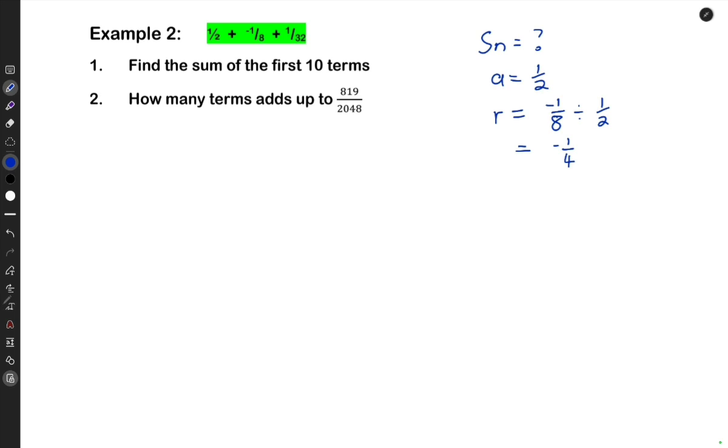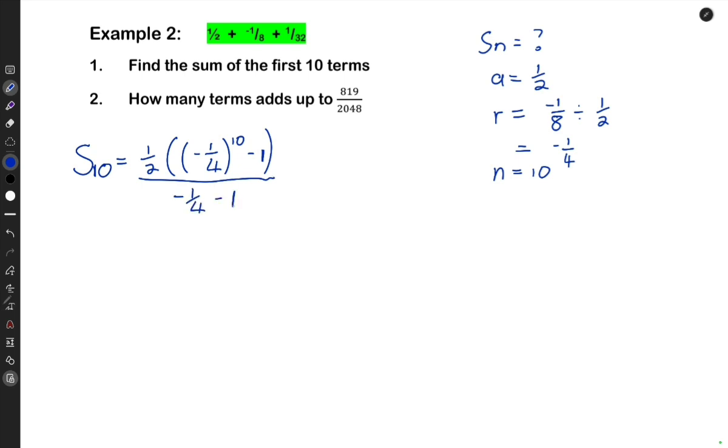So find the sum of the first 10 terms. I now know that n is equal to 10, so I can just sub in. S10 would be equal to a half, and then minus a quarter to the power 10 minus 1, all over minus a quarter minus 1.